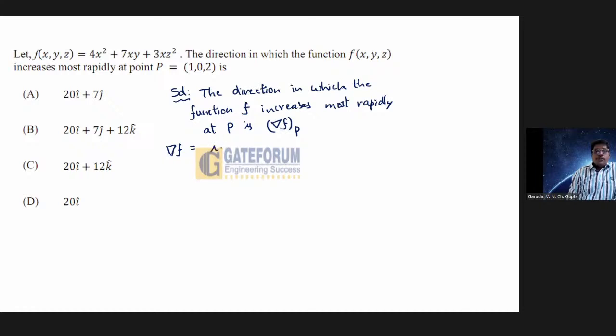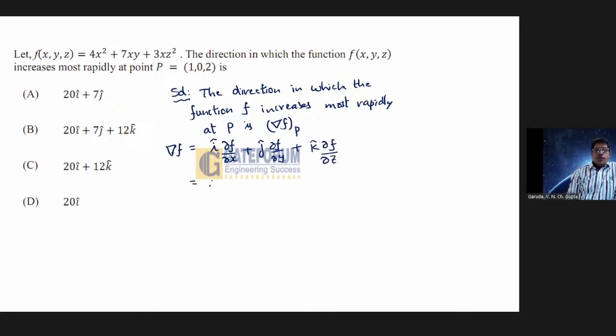Del f is equal to i cap dou f by dou x plus j cap into dou f by dou y plus k cap into dou f by dou z. i, j, k are the unit vectors along the x-axis, y-axis, z-axis respectively. Some people denote them by i bar, some other people i cap, for unit vectors.